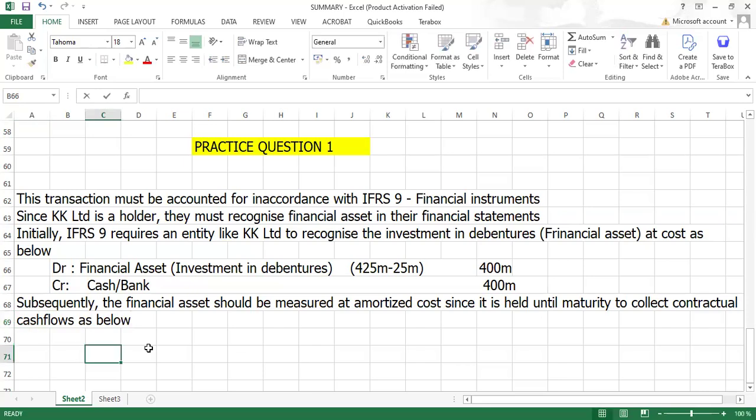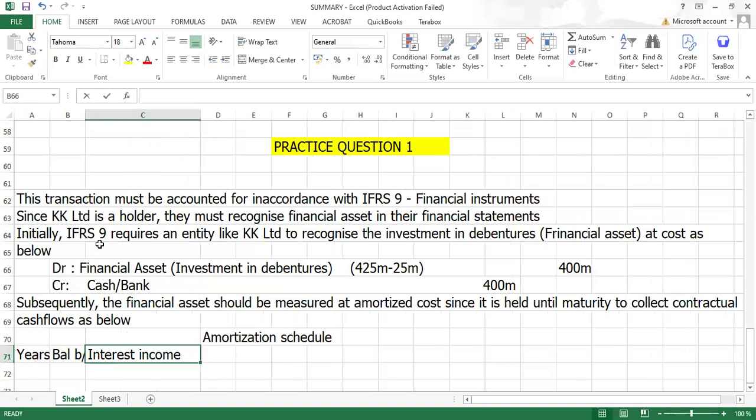So what you're going to do, you're going to create a table. Balance brought down is the amortized cost at the start of the year. Then since this is an asset, you will have a column for effective interest income. If it's a liability, here you put the interest cost, if you are in the books of the other entity.